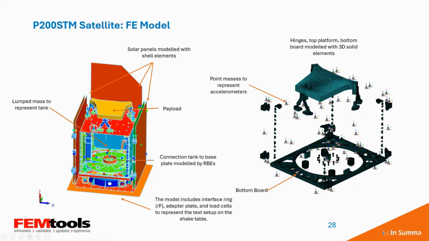In this plot I removed the front plate so we can see inside. We have there a tank, which is in this case not included as a shell structure, but as a lump mass, which is connected to a ring by RBEs. We have payload, we have solar panels left, right, and also at the back, which is a fixed one, and on the sides we have folded ones.